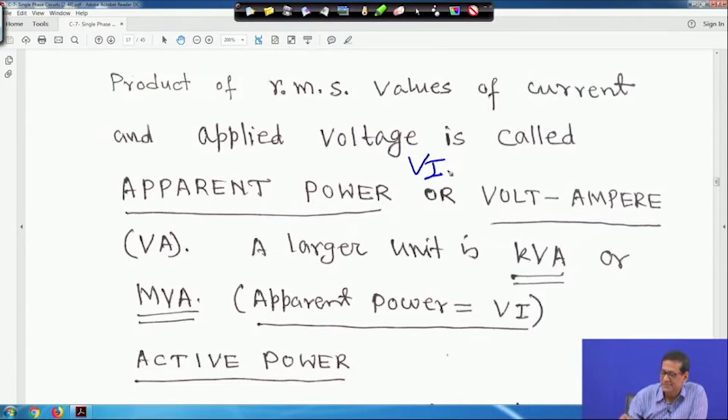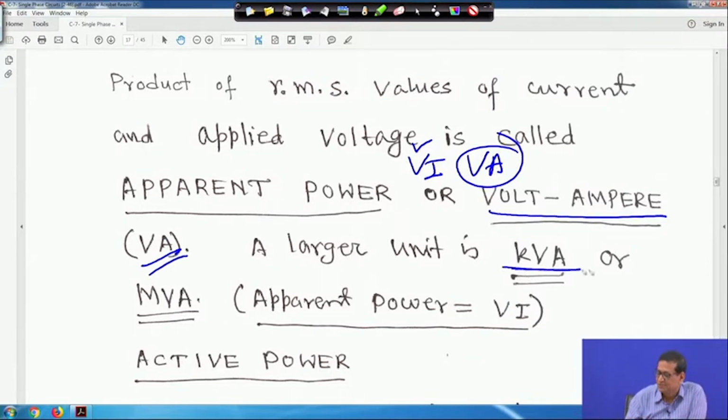Volt is V, current is I ampere, so we call it volt ampere, or in short VA. A larger unit is kilovolt ampere, kVA, or megavolt ampere. Apparent power is equal to V into I, no cos theta is involved.